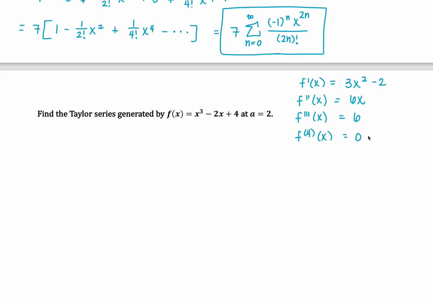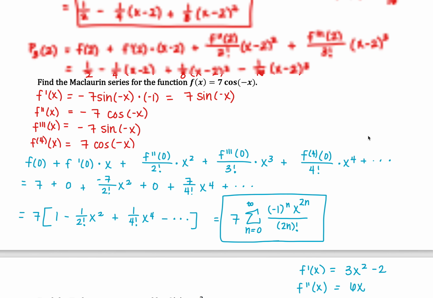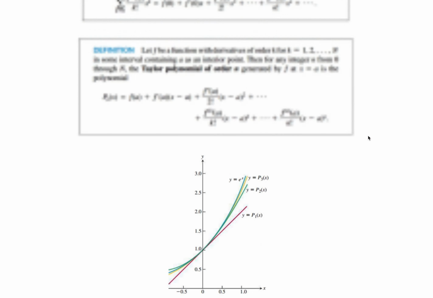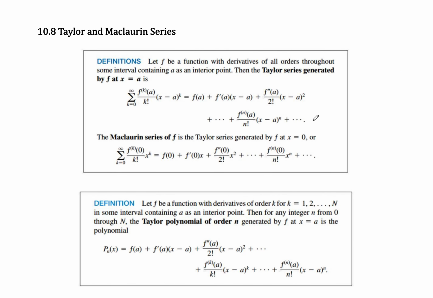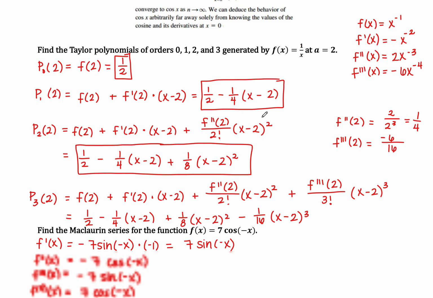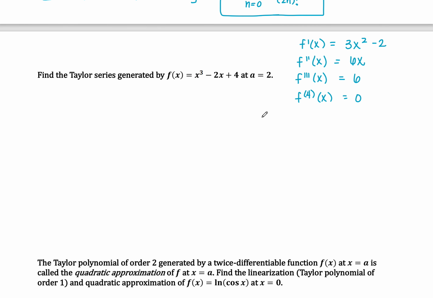So the way the Taylor series works, let me scroll back up to that very first page. Because you're multiplying the terms by these different derivatives, once we get to the fourth derivative onward, it zeroes out. So in this case, we're going to just be looking at 4 terms here for the series.